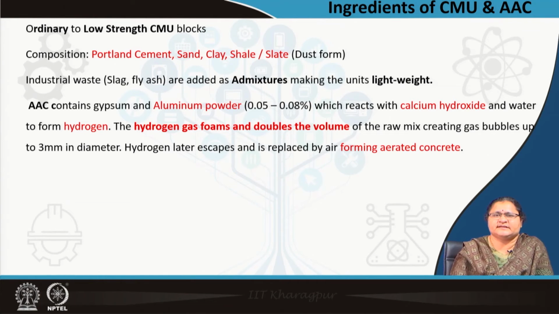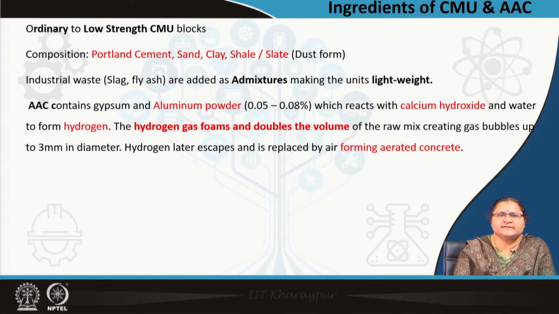You see, it is Portland cement, sand, clay and shell or slate in dust form, which are the basic ingredients, and you can add admixtures which help to make it a little lightweight, that is slag and fly ash, which come from the industry. But unlike CMU blocks, the composition of autoclaved aerated concrete is quite different.